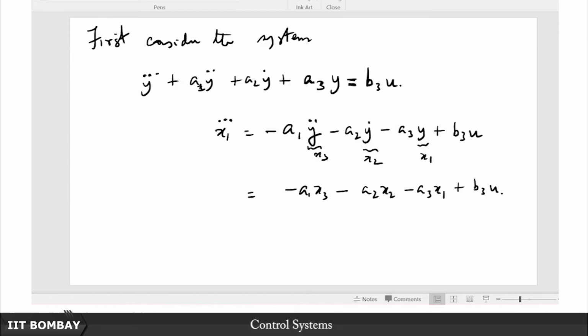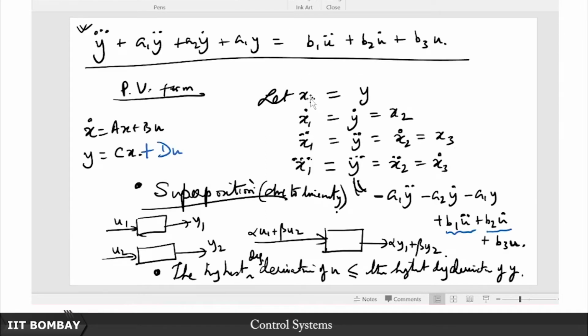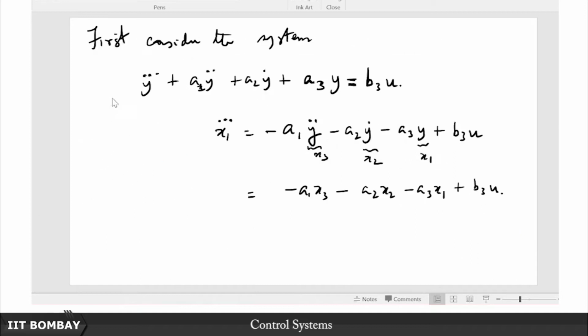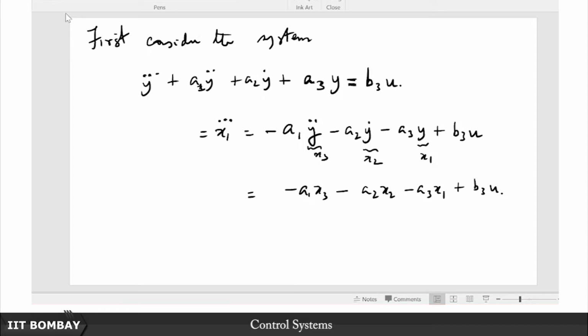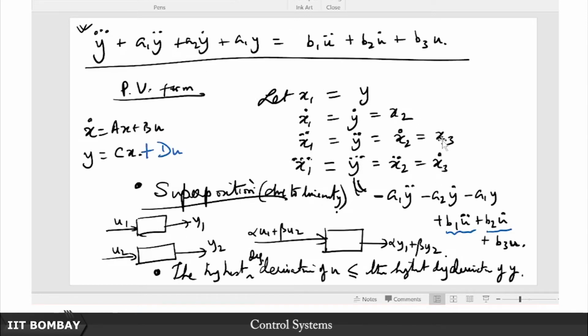So I should be able to do this, because clearly what does this first line tell me? x1 dot is equal to x2. So the complete description is, x1 triple dot is basically x3 dot. So this is x3 dot, and x2 dot I already know from before, x2 dot is equal to x3.